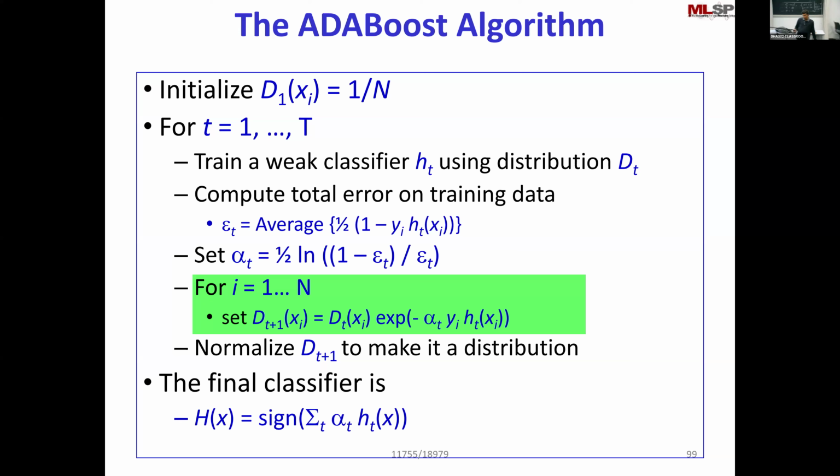So yeah, okay, my arithmetic, let me erase this. Let me just give you something, let's look at the extreme case where I have an infinitely accurate classifier. Then E is 0, right?